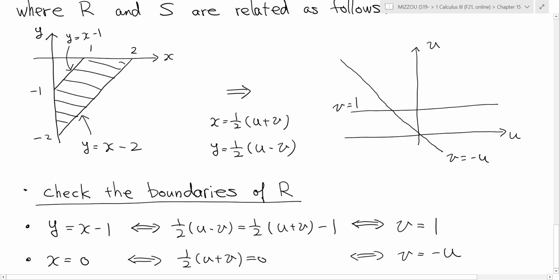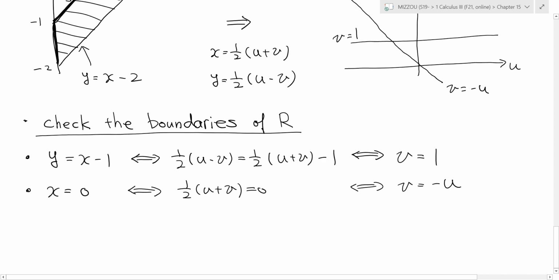So this portion gets mapped to here, and then the vertical line, x is equal to 0, so the y-axis gets mapped to here. All right.